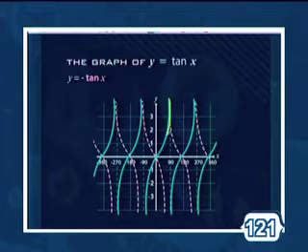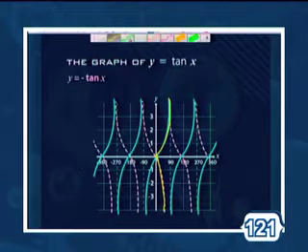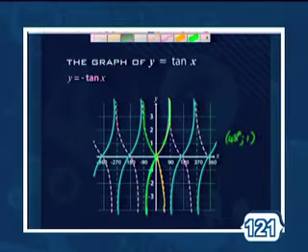So can you see that this bit here actually gets reflected to that piece there? All right? And likewise, if we take this piece here, it gets reflected to that piece there. So where we had a point of 45 with 1 on the original graph, we now have a point 45 with the y value going to minus 1.